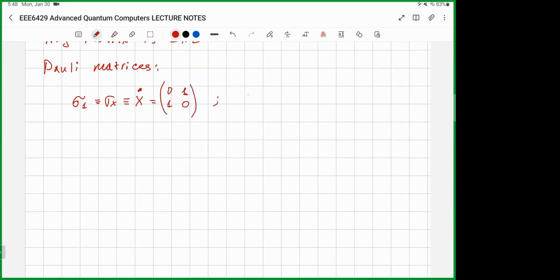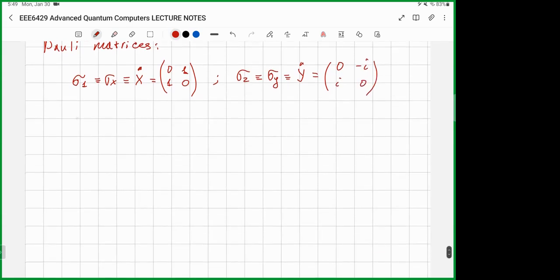So the second one, sigma 2 or sigma y. You will see why we have this index x, y, and also z from the following. And this is a matrix like this: 0, -i, i, 0.